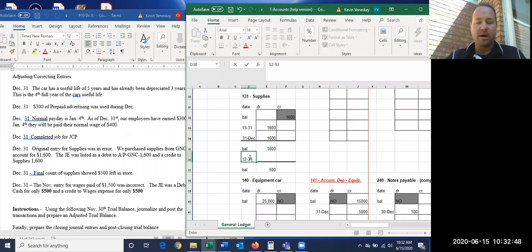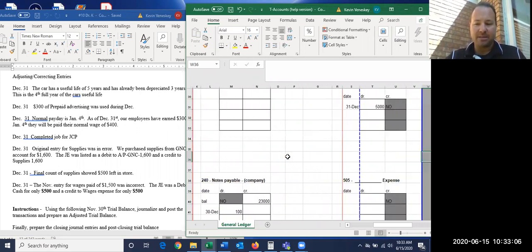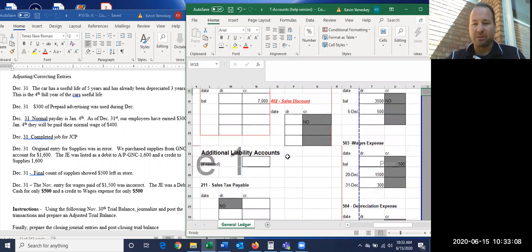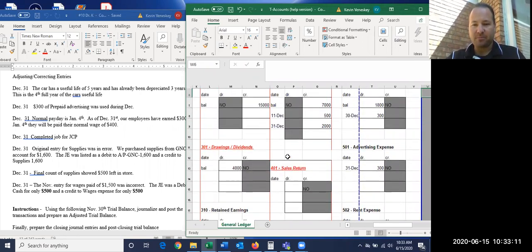So on 12/31, I need to figure out how much supplies did I actually use. And just by doing the simple math, you should see that it comes out to be $1,100. I used $1,100, so that's got to be my debit when I come over to my supply expense.